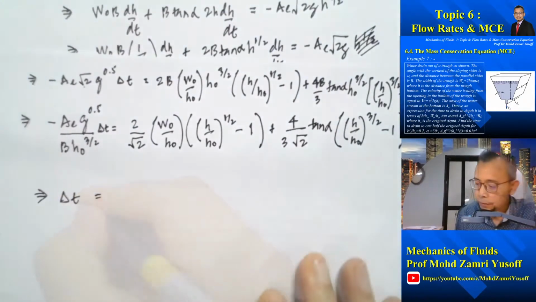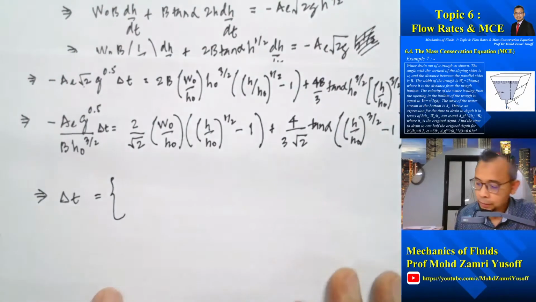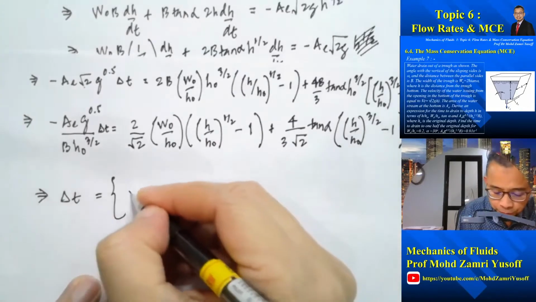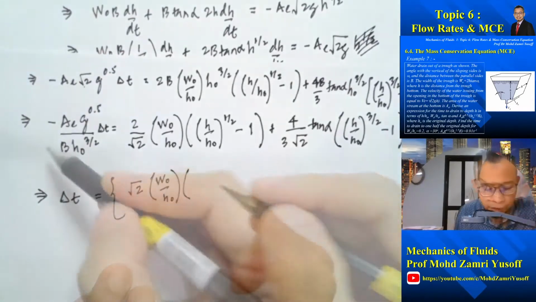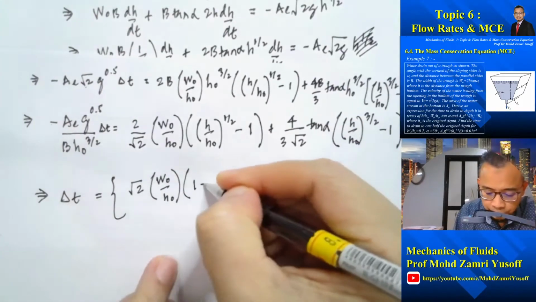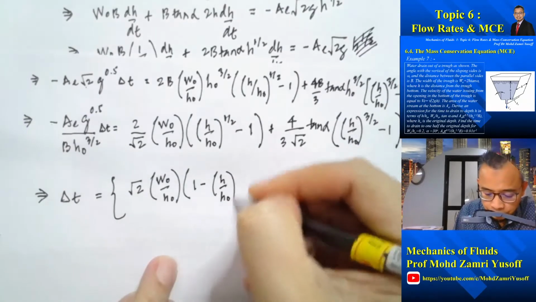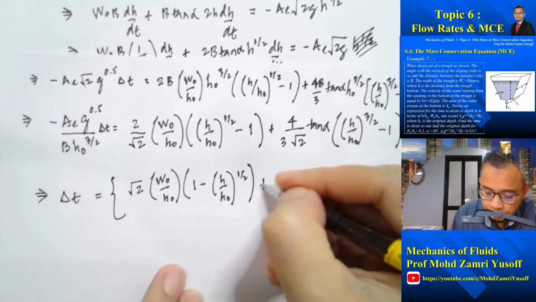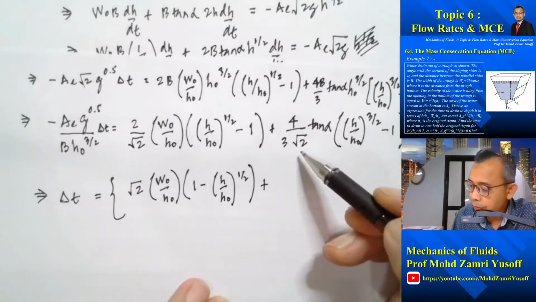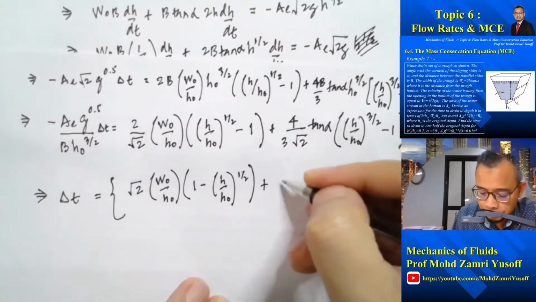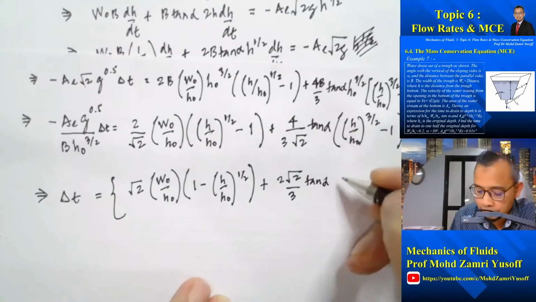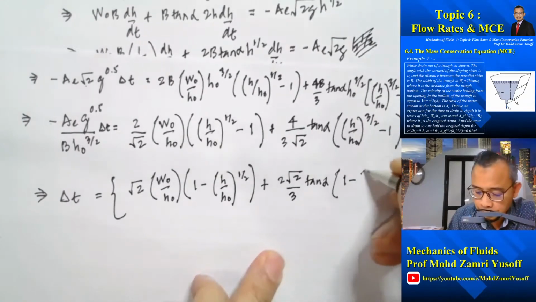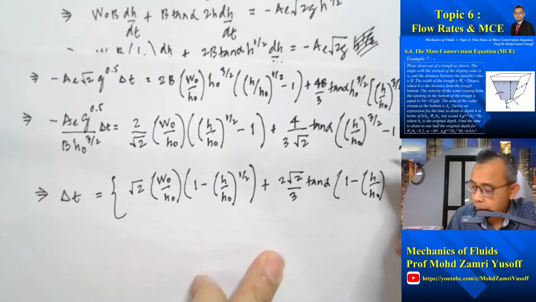So delta t is equal to 2 over root 2, which is basically equal to root 2, and we have W naught over H naught. Since there is a minus here, this one will be 1 minus H over H naught to the half, and plus this one here, 4 over 3 root 2, so this is also equal to 2 root 2 over 3 tangent alpha, 1 minus H over H naught to the power of 1.5.